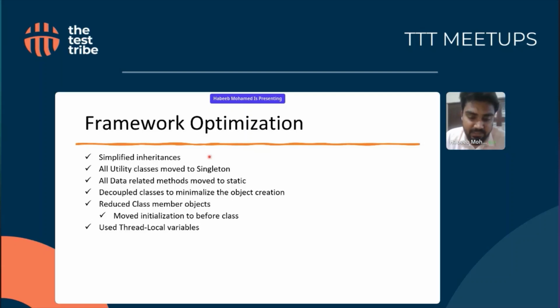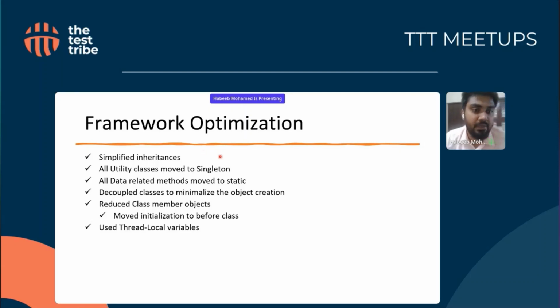In our automation framework, there was multiple inheritance, and when we were about to separate the inheritance and the classes, it became very tedious because it was multi-level inheritance, and removing one inheritance caused errors in at least hundreds of classes.